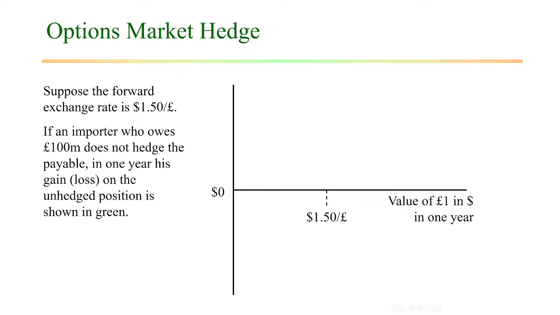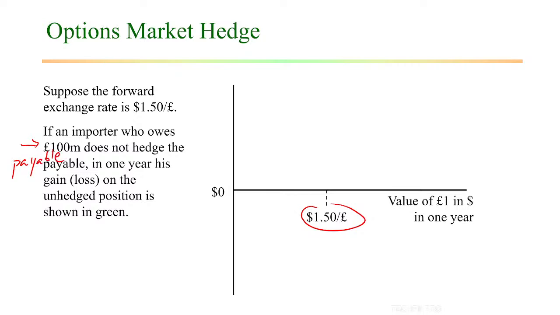So now let's take a look at this together. Suppose the forward exchange rate is $1.5 per pound. If an importer owes, that's a payable, right? That's a payable, and does not hedge.